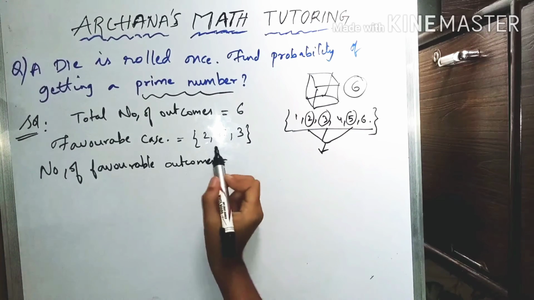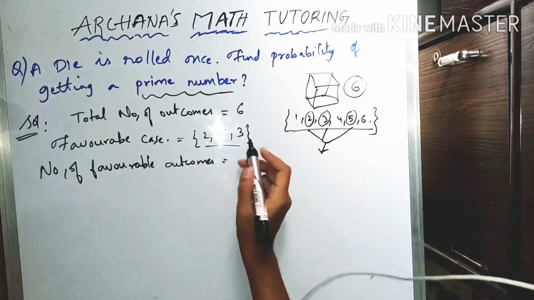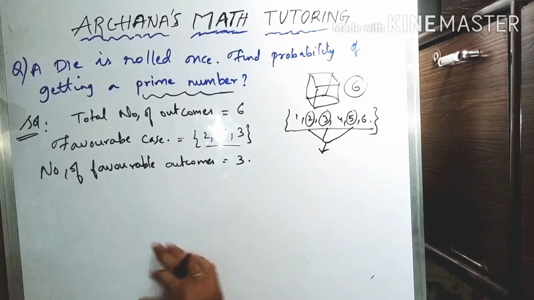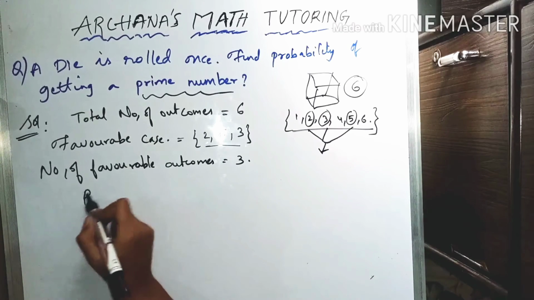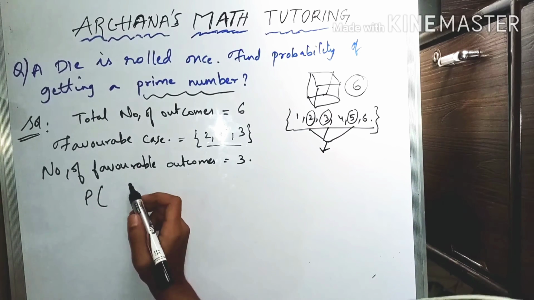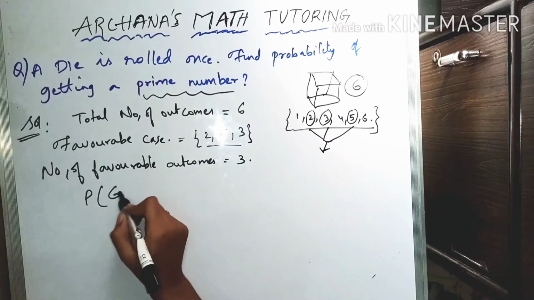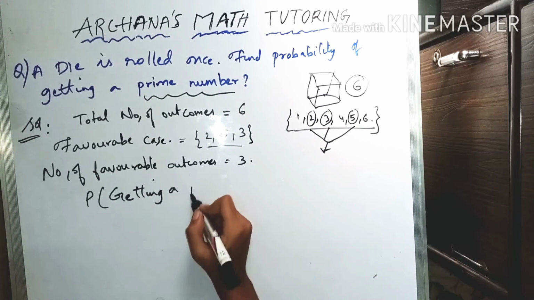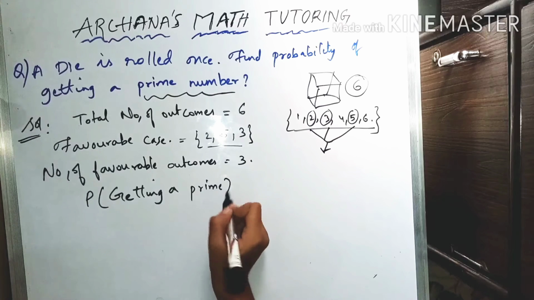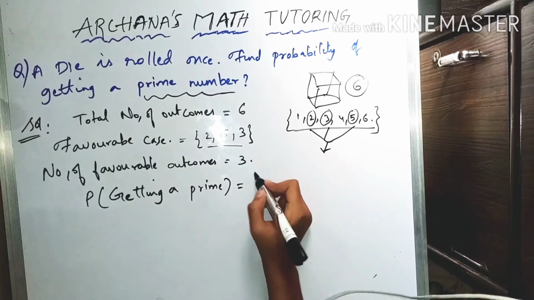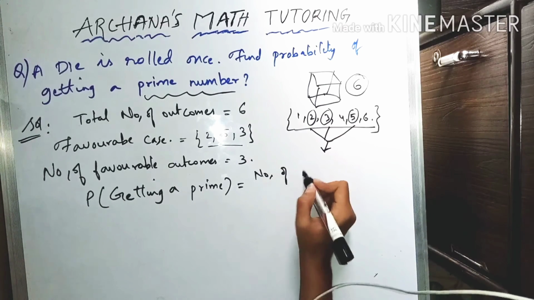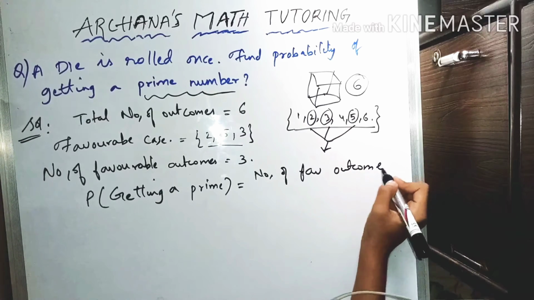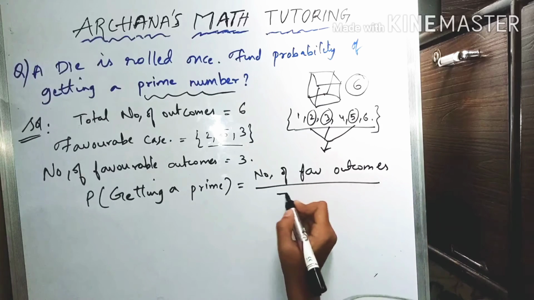So there are totally 3 favorable outcomes. So finding the probability, what do I need? Probability of getting a prime is the number of favorable outcomes by the total number of outcomes.